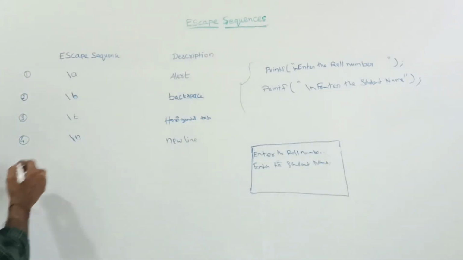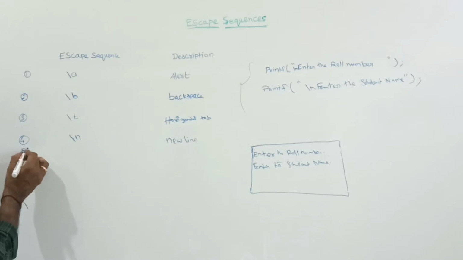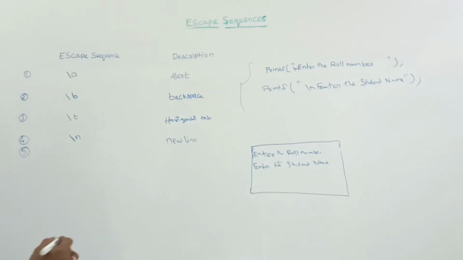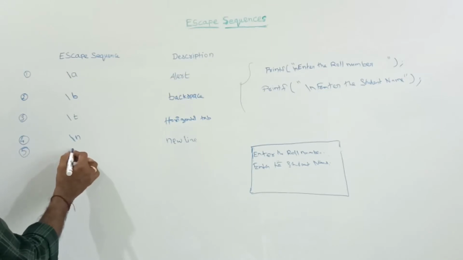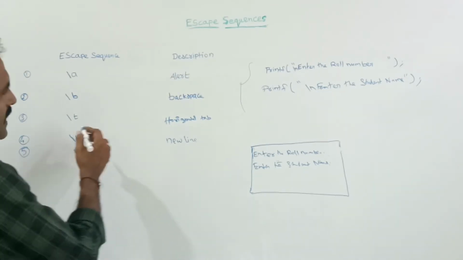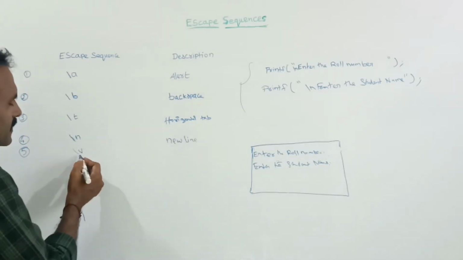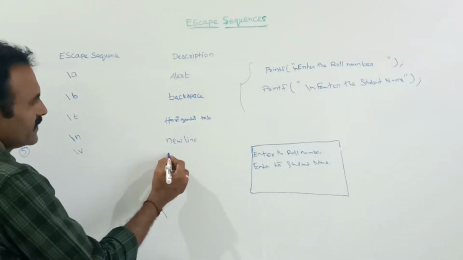Next one, the fifth one. Here \v. See, \t is for horizontal tab, \v is used for vertical tab.